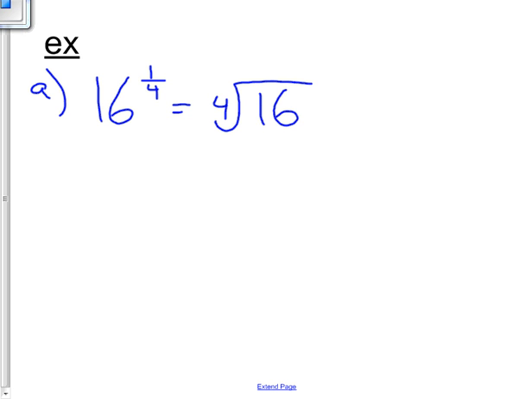So, my first example here. We good? If I have 16 to the 1 over 4, I can rewrite that as the 4th root of 16, and then from there we can simplify.